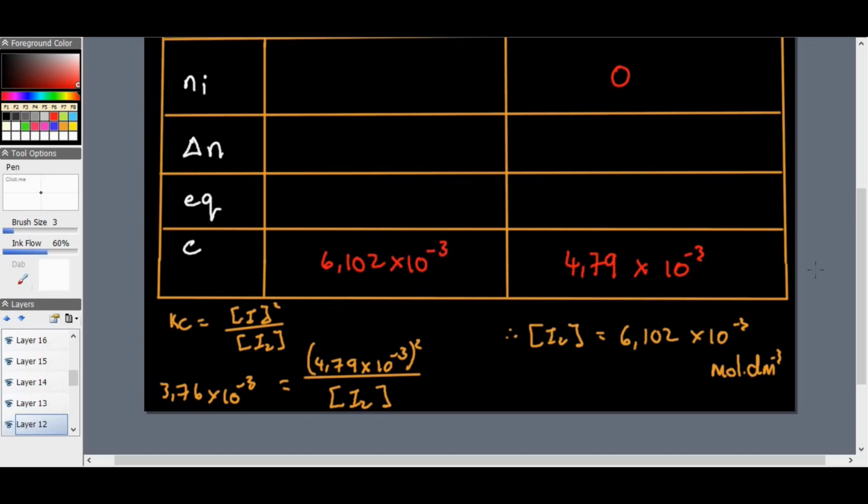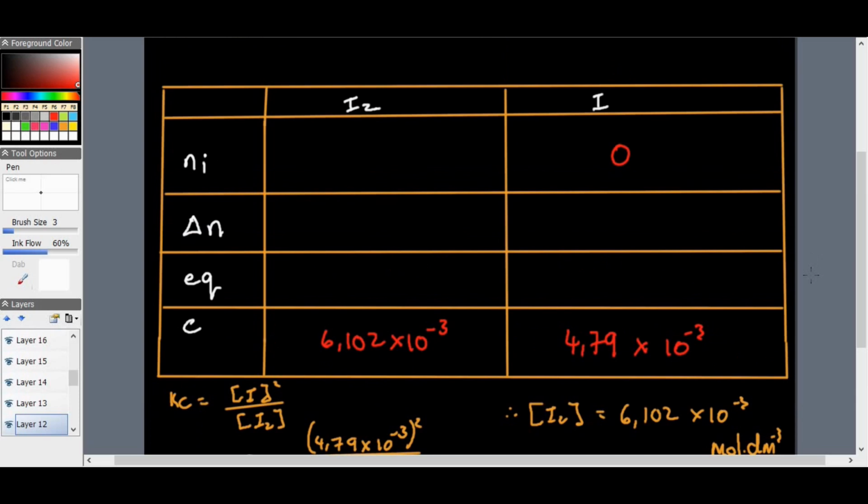Now it's a matter of multiplying our concentration by the volume to get the moles, because we work out concentration from the equilibrium mole. So this is N at equilibrium. If we take our concentration and multiply it by the volume, which was 12.3, we'll get the equilibrium mole.